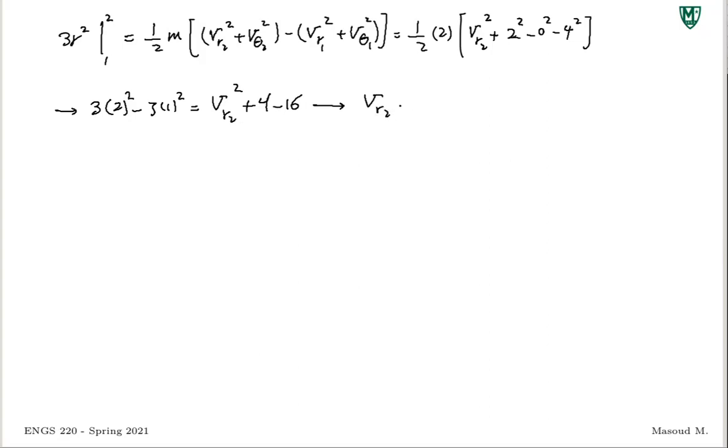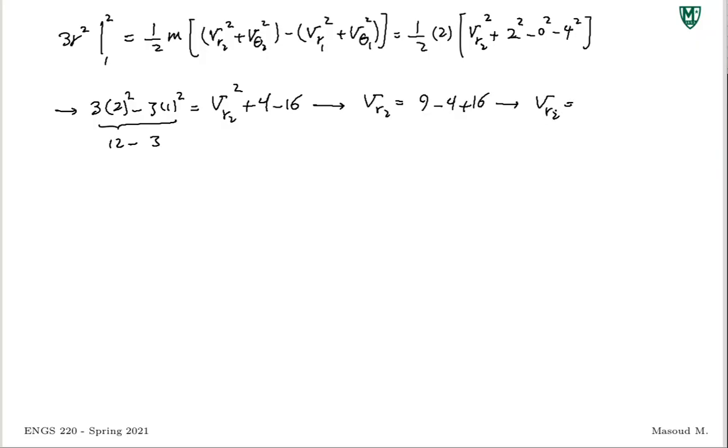From there, you can find vr2. From this side, you get 12 minus 3, so that's 9, minus 4 plus 16.